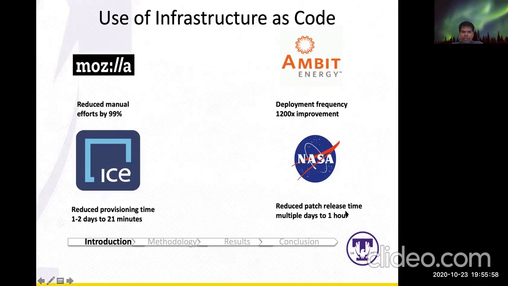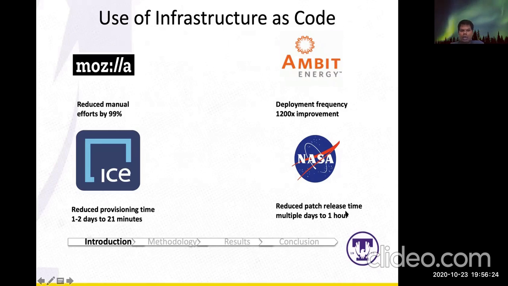Here are some examples where different organizations belonging to different domains, such as finance, energy, and science, have used or are using infrastructure as code and have received benefits. For example, Mozilla was able to reduce its manual effort by 99%. Ambit Energy was able to increase its deployment frequency by a factor of 1200.